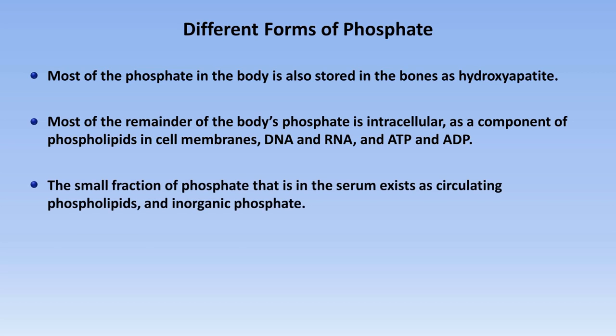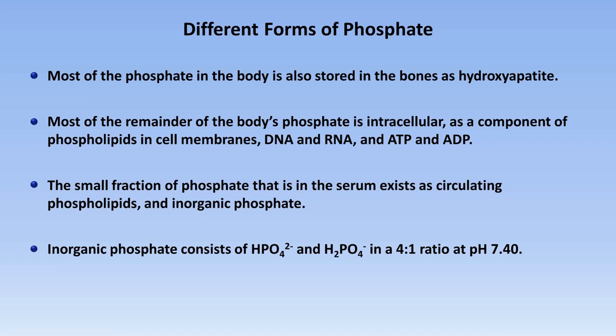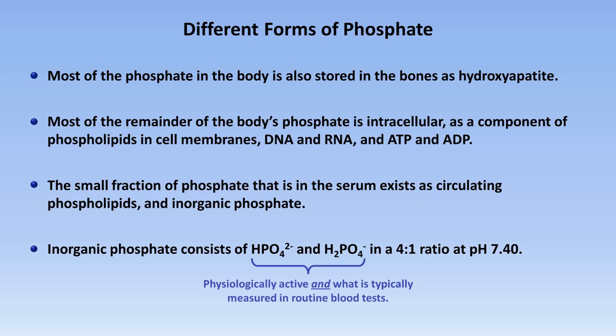The small fraction of phosphate that is in the serum exists as circulating phospholipids and inorganic phosphate. Inorganic phosphate consists of HPO4 and H2PO4 in a 4:1 ratio at a pH of 7.40. The sum of HPO4 and H2PO4 is both what is physiologically active and what is typically measured in routine blood tests.